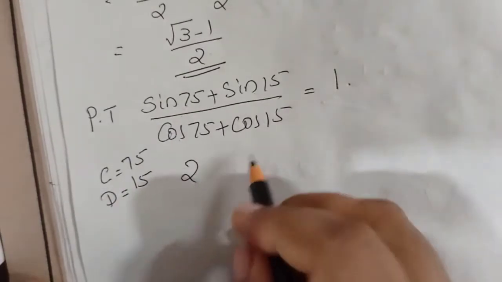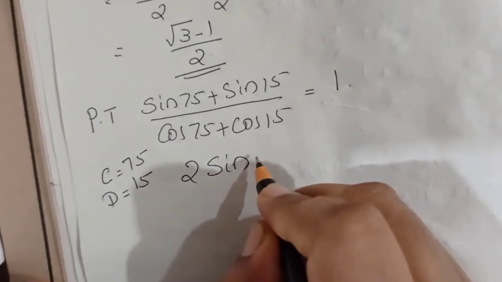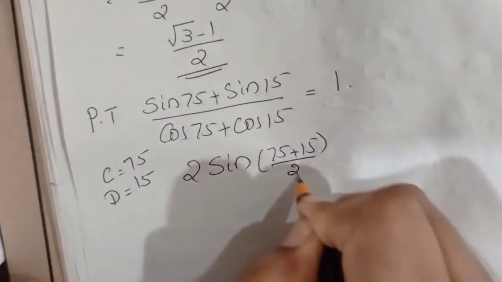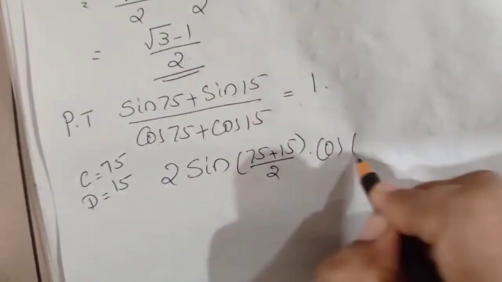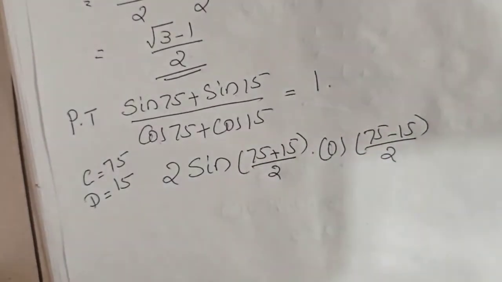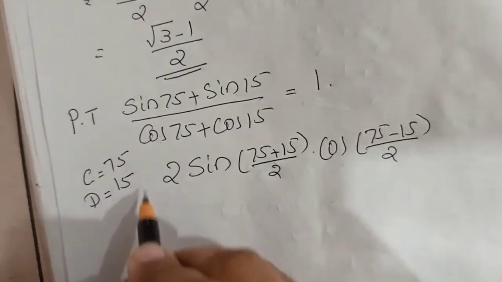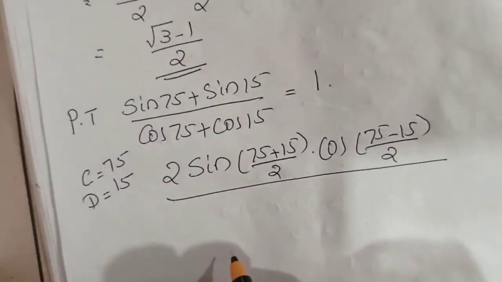That is 2 sin (75 plus 15 by 2) into cos (75 minus 15, the whole by 2). ICSE and Kerala students can use calculator.